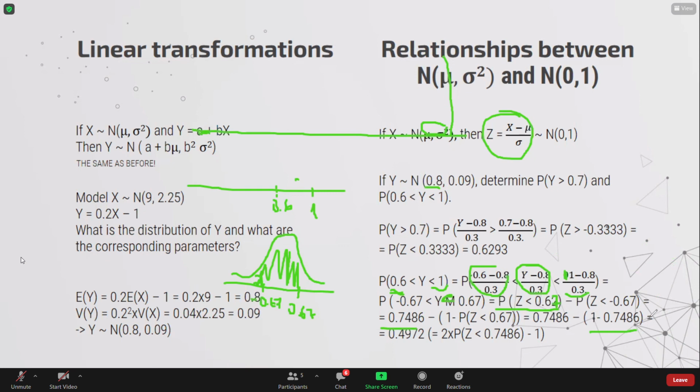And it's just a matter of calculations to get this number here. That would be 0.25. And 0.74 minus 0.25 would be equal to 0.49.